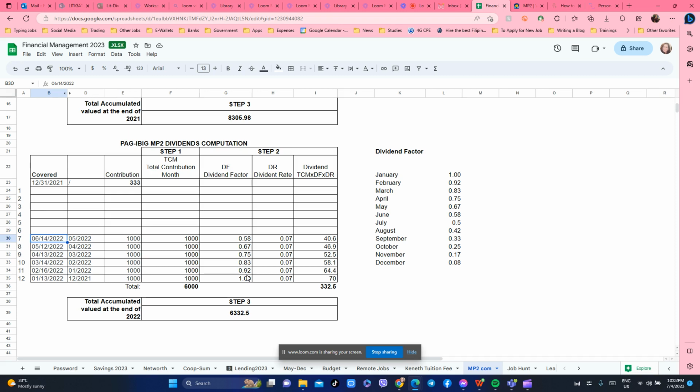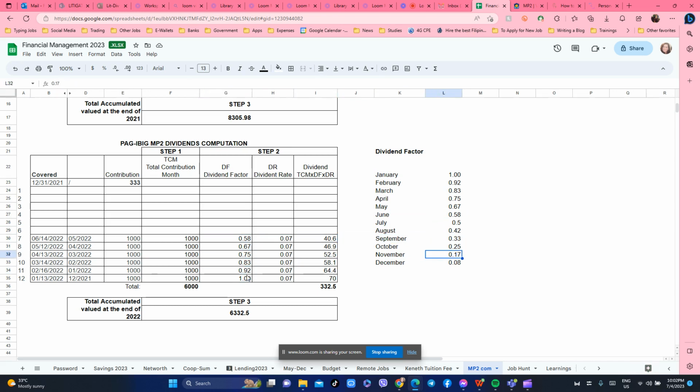Iba siya dun sa isa kong account. Ako yung naghuhulog nitong account na to. And for the dividend factor, since you already know it, I already provided here the dividend factor from January to December. You just put it here so that the Excel file will compute it already.